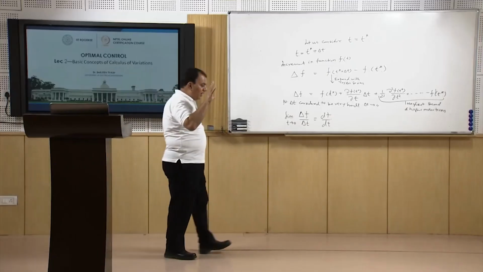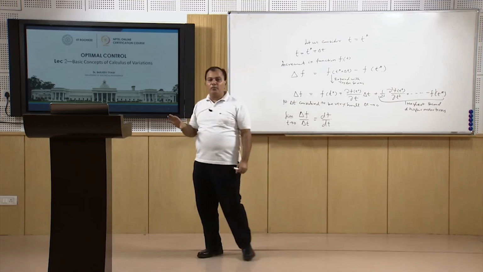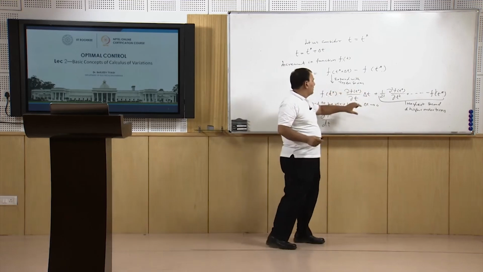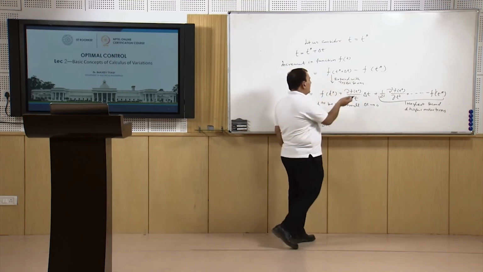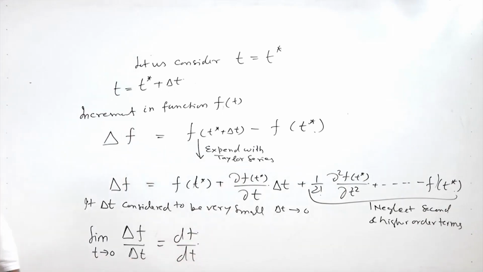So, we get the first order approximation of my increment in this way. If we have taken the partial derivative, if t is constant, I can also replace it by my exact derivative d by dt.